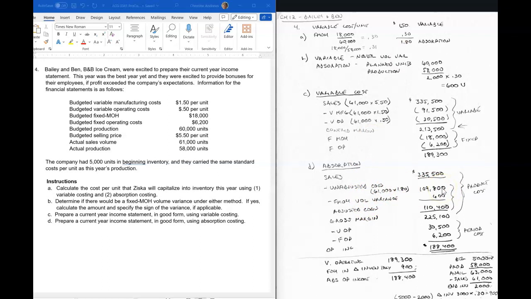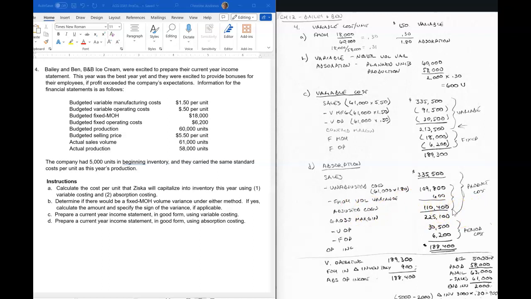My volume variance then was $600, and it's unfavorable, because we didn't get enough units completed. We put the volume variance down here, and it increases cost of goods sold expense. So the adjusted cost of goods sold is $110,400.